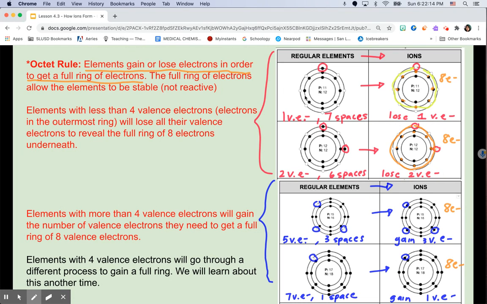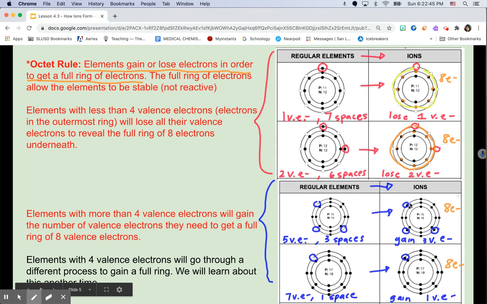Right. On the other hand, if I have a lot of valence electrons, meaning I have more than 4, if I have 5 valence electrons, it's easier to look for 3 valence electrons than it is to get rid of 5, right? And if I have 7 valence electrons, it's easier to find one more than it is to get rid of all 7 of these, right?